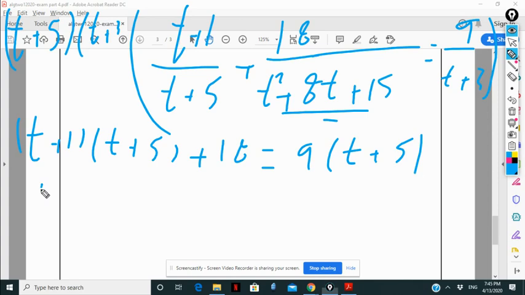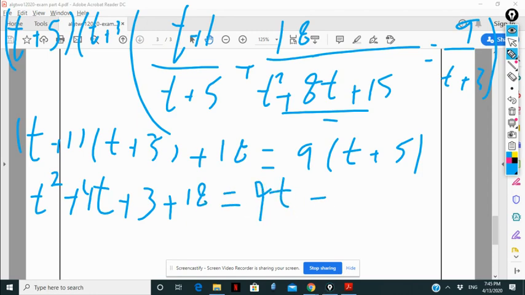I'm going to FOIL and distribute, so t squared plus 4t plus 3 plus 18 equal to 9t plus 45.